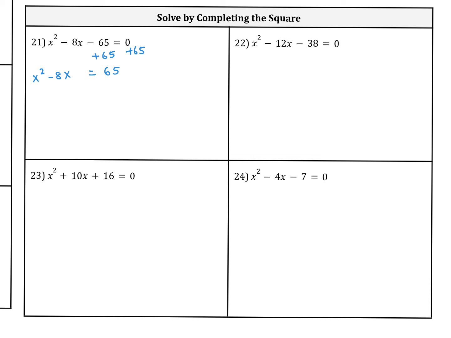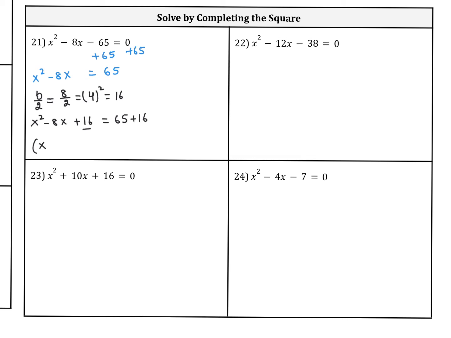Now you're going to do b over 2, that's 8 over 2. You don't have to take the sign because ultimately we're going to square it, and then the sign doesn't matter. So you're going to add 16 on both sides.